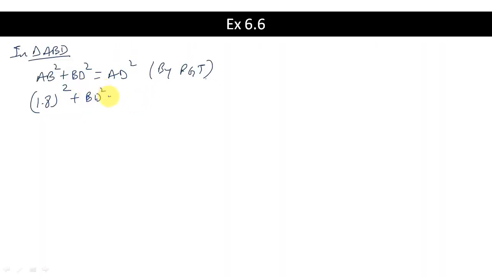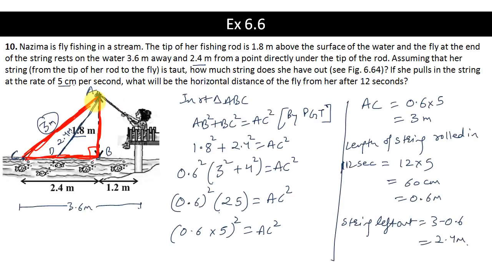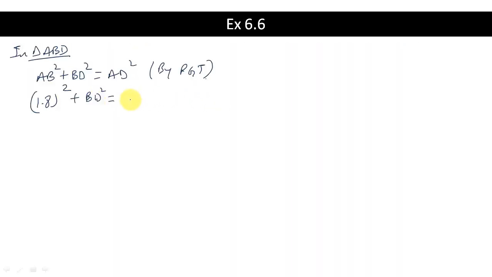So this will be BD square is equal to AD square. The length of AD is 2.4. So this will be 2.4 square. So BD square will be 2.4 square minus 1.8 square. So again I can take out 0.6 square as common. I will be left with 4 square minus 3 square.